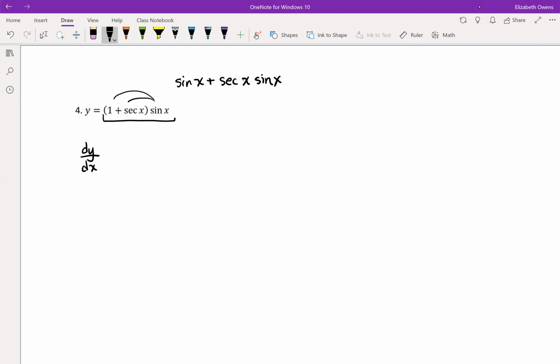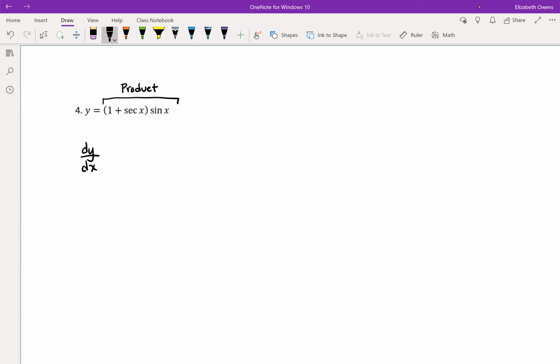So we would either take the product of these two terms overall, or you'd have to take the product of those two functions, secant x times sine x. Either way is an option, and you should end up with the same answer either way you do it. I'm going to go with the factored form as the function was originally written, but if you want to try the other one, you can. So yeah, product rule time.